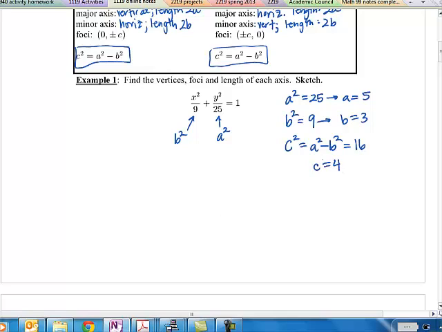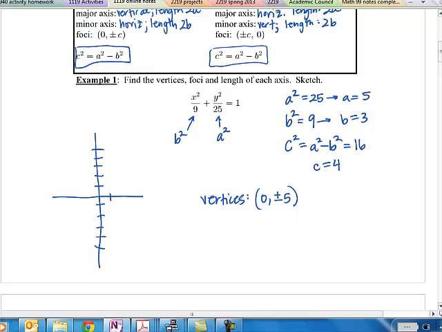Alright, so because y squared had the larger denominator, we know we've got a vertical major axis. We want to go 5 up and down. So the vertices on the major axis are on the y-axis, so 0, positive or -5.